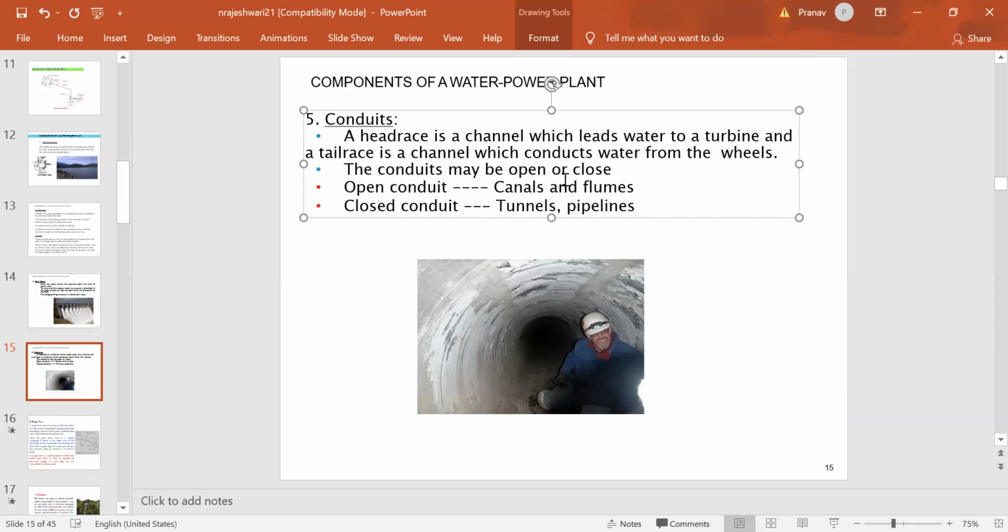The conduit may be open or closed. Open conduits are canals and flumes, and closed conduits are tunnels and pipelines. So this is the conduit.